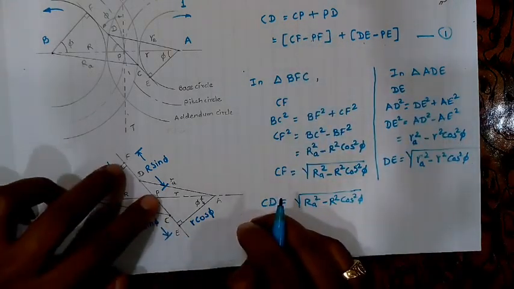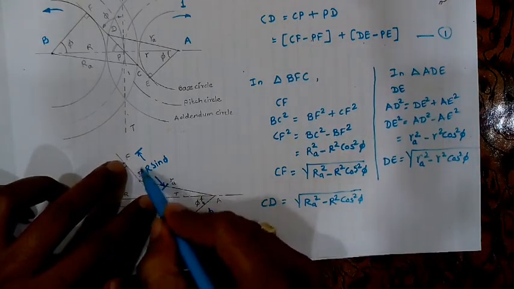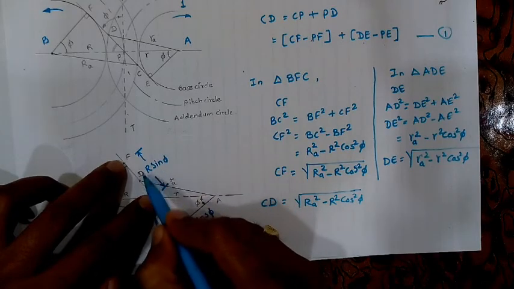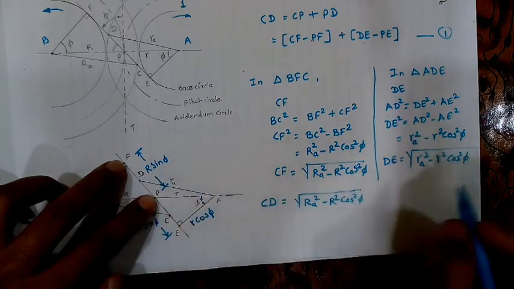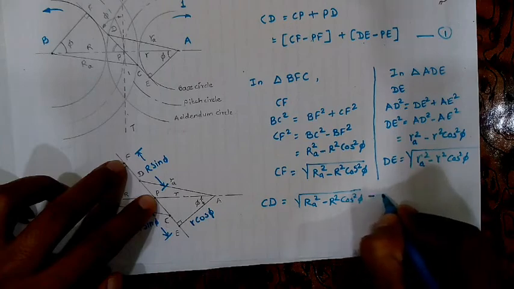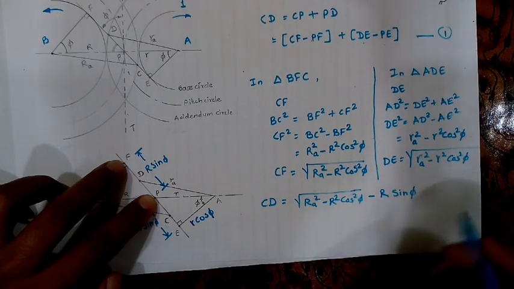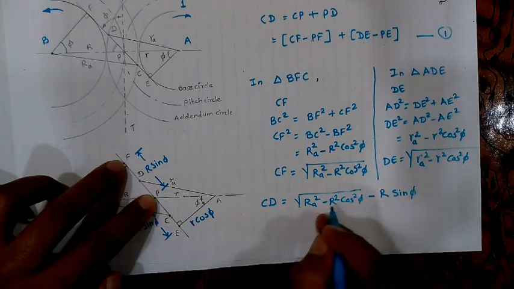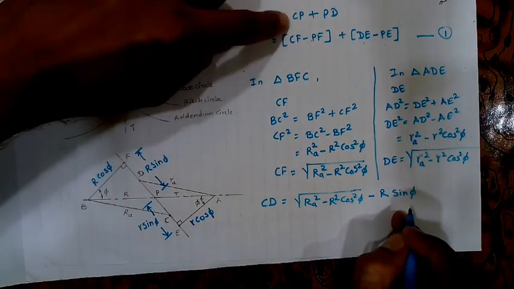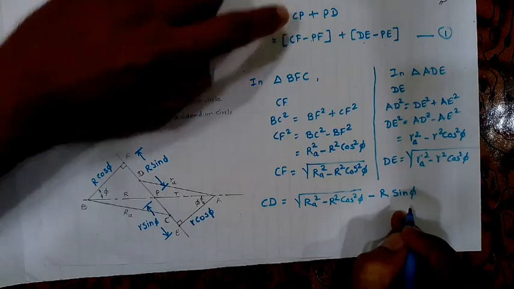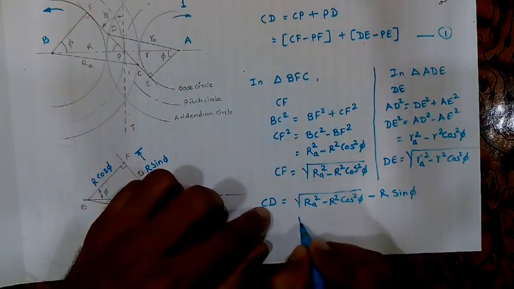From the diagram, PF distance we have already found: the PF distance is capital R sin phi. So minus R sin phi. So this is the path of approach, that is CP value, plus the path of recess.